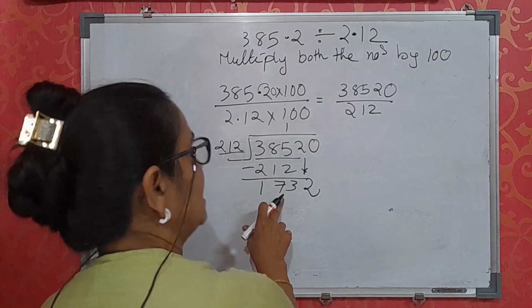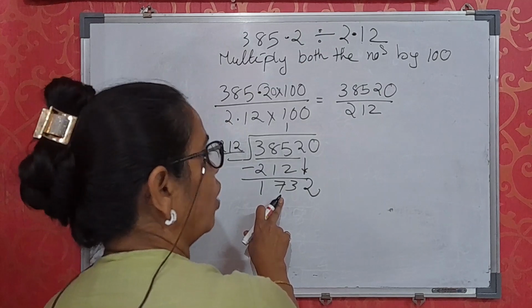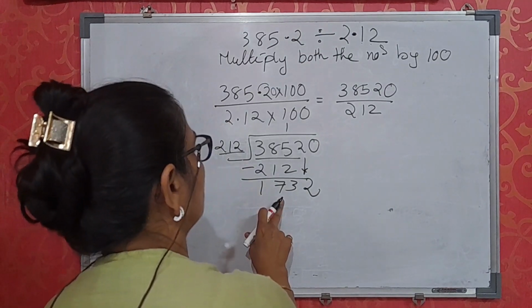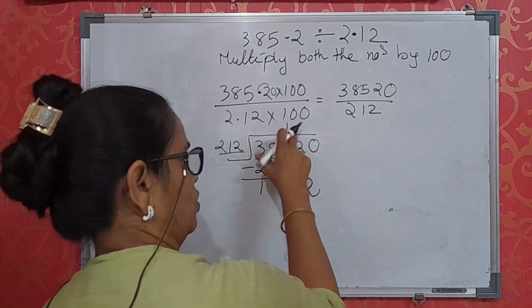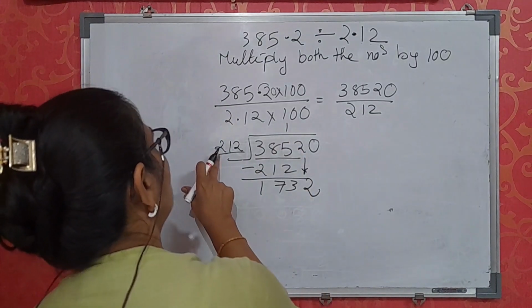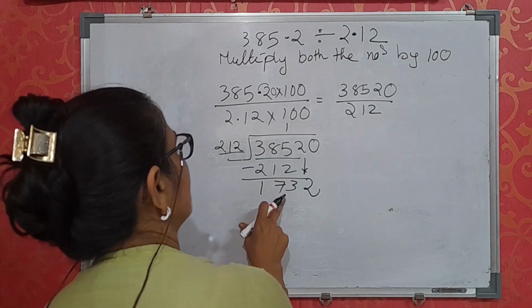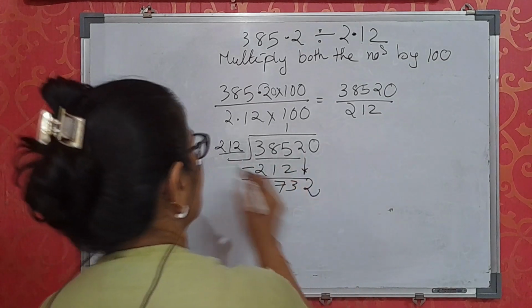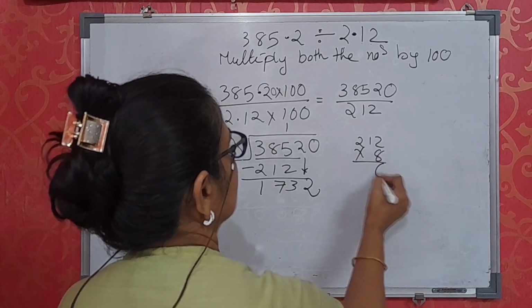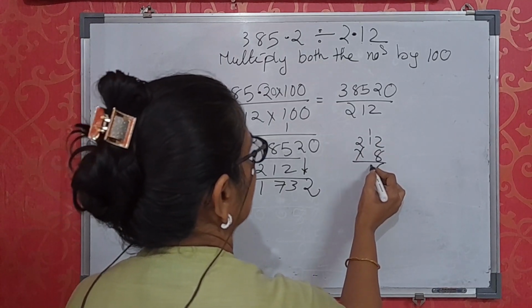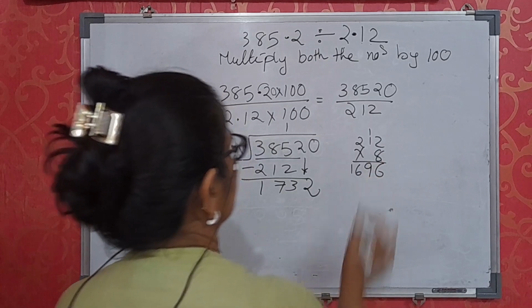You have to watch my division video, in which I taught you the trick to know by which number you can multiply and get the answer. And 2 8s are 16, which is less than 17. So I will multiply 212 by 8: 8 ones are 8 and 9, 8 twos are 16.